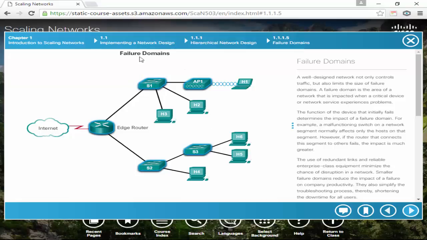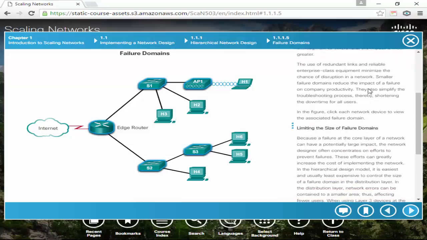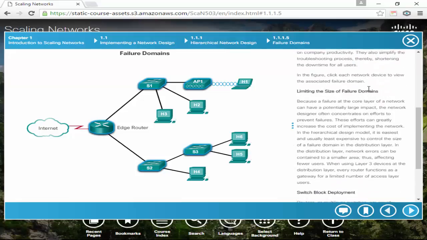If this switch went down, all devices would go down. If either of these switches went down, we'd have a problem. And so, as you guys know, because I preach it, we need redundancy, and scaling networks is all about redundancy. Alright, and so what is this talking about?